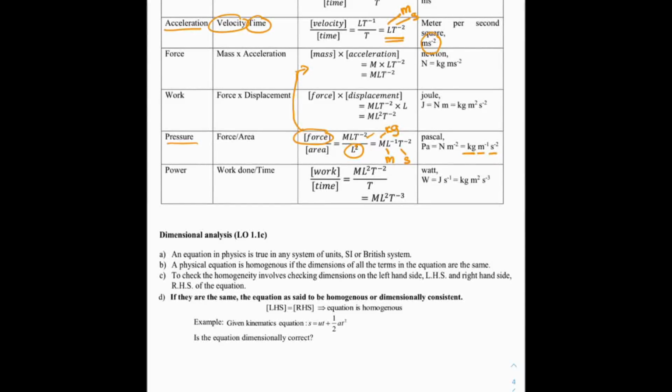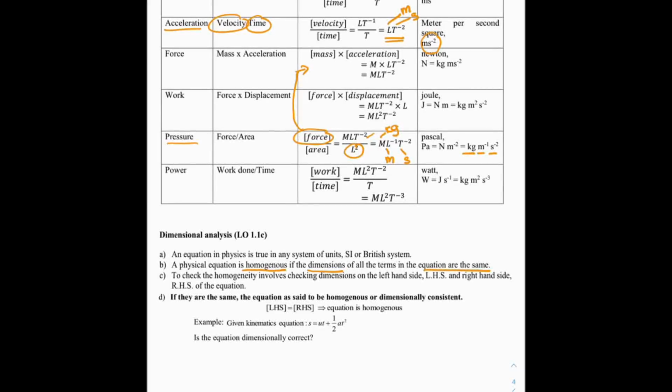And then dimensional analysis. An equation in physics is true in any system of unit, SI ataupun British units. A physical quantity is homogeneous if the dimension of all the term in the equation are the same. So dia kata equation kita homogeneous if the dimension in all term of the equation are the same. So kita nak fahamkan benda ni.